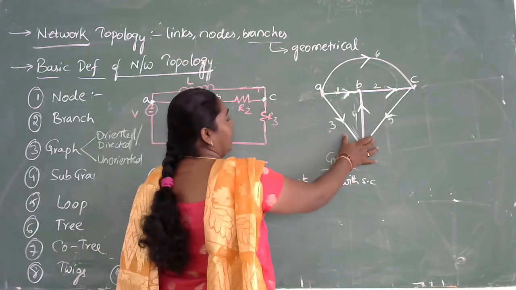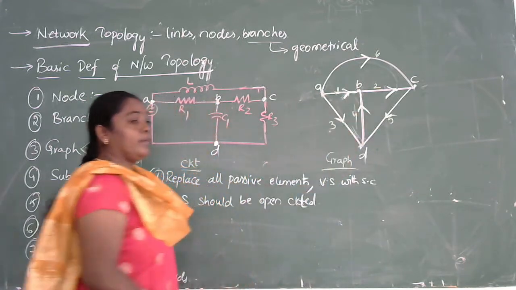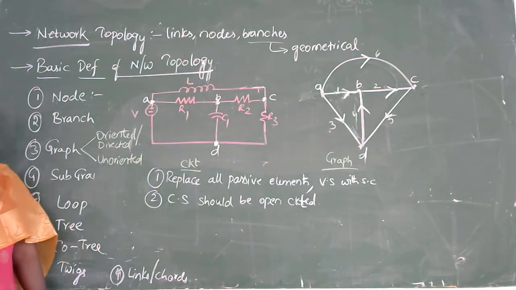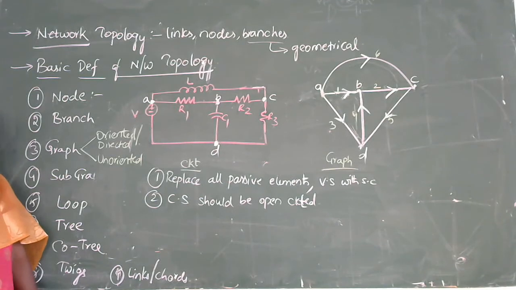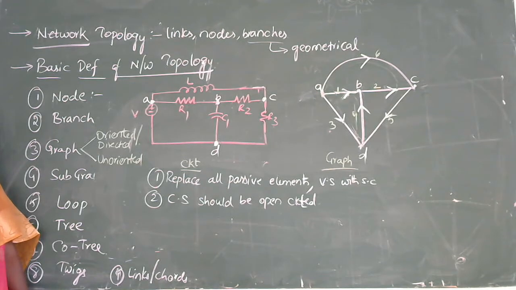This graph consists of 6 branches, whereas a tree should consist of all the nodes, that is 4 nodes, but fewer than the 6 branches of the graph.